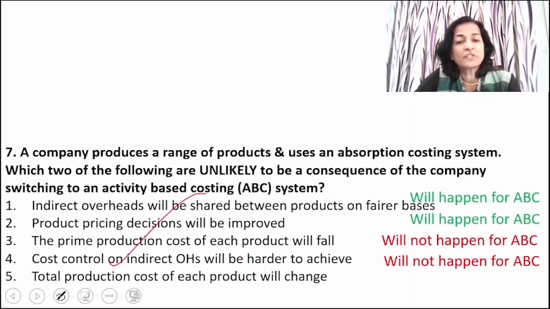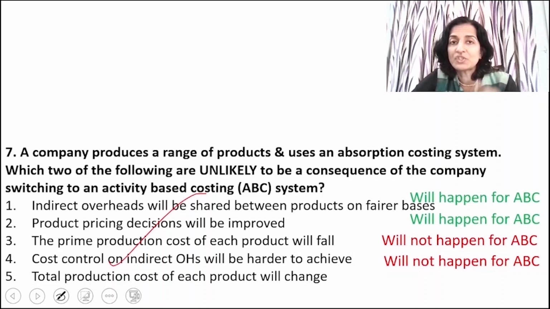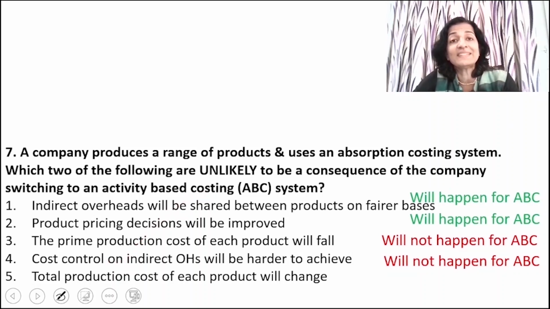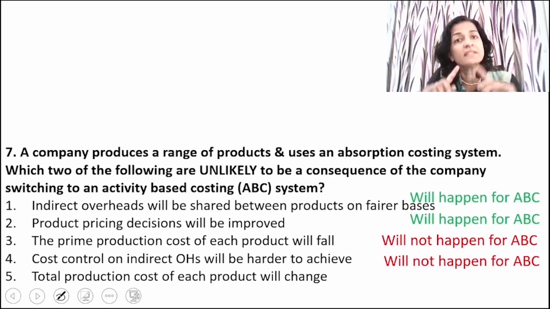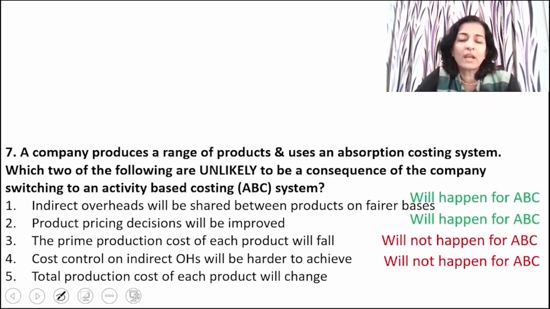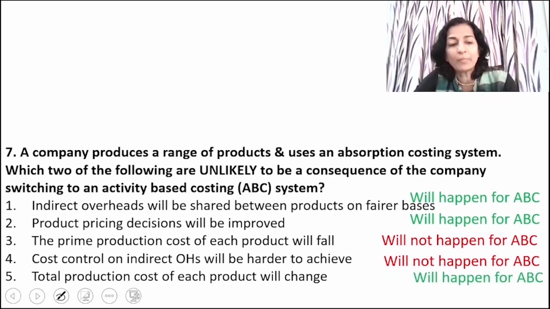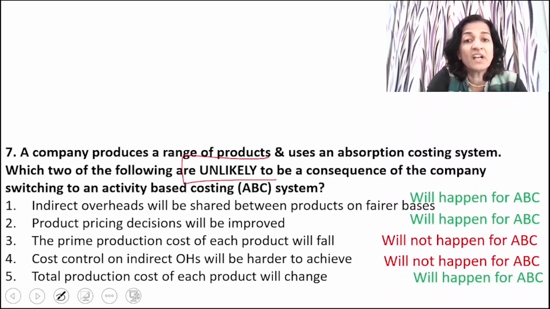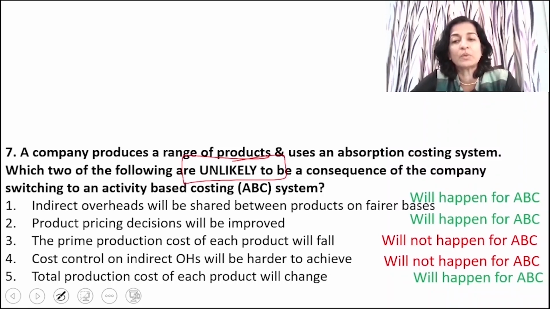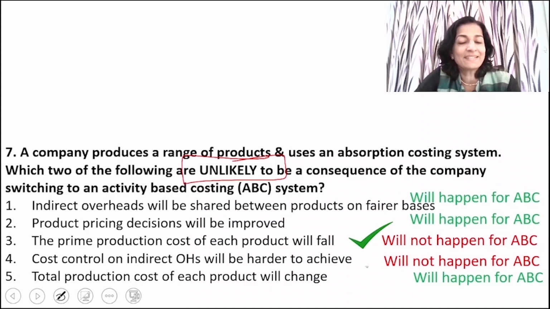Total production cost of each product will change. Yes, that will happen for ABC because the indirect overheads division will change and hence the total product cost will also change. So that will happen for ABC. Now the question asks you which two of the following are unlikely to be a consequence, which means that statement 3 and statement 4 are the two situations that will not happen for ABC.